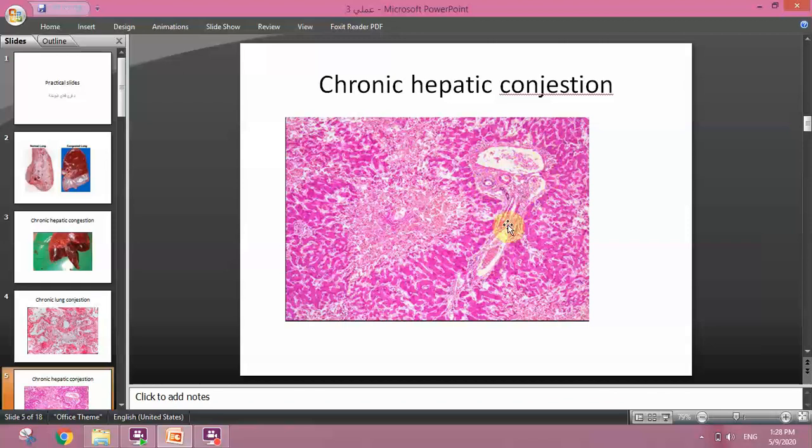As we mentioned, the structural building unit of the liver is a hexagonal structure, with the central vein in the middle surrounded by six portal tracts. This picture is taken from only one of the portal tracts; imagine it as a hexagonal structure.